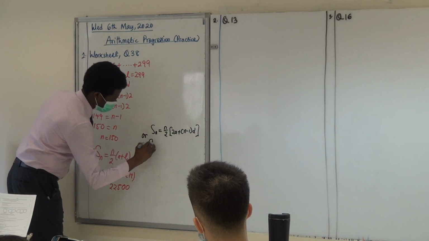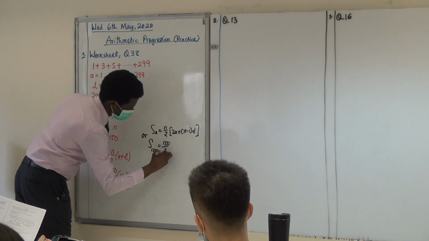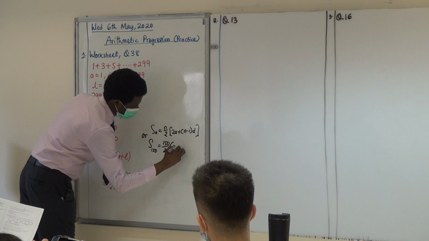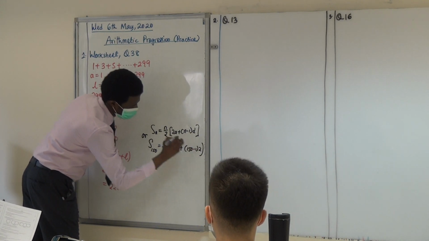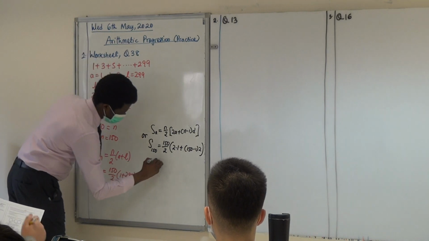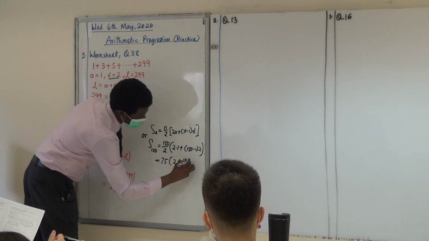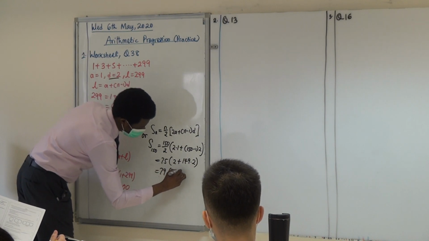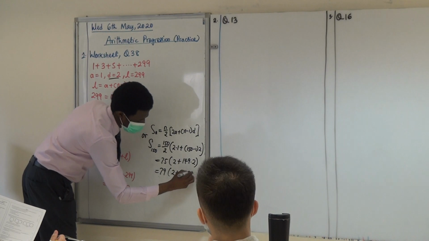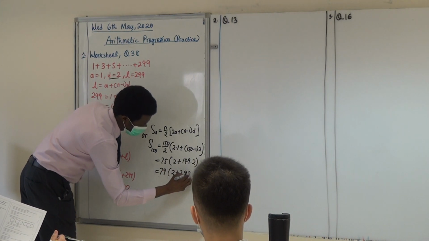If I do that, that would be S150, because there are 150 of them: 150 over 2, (2 times 1 + (150 − 1) times 2). So I get 75. In this bracket, I have 2 plus 149 times 2. What is 149 times 2? 298.